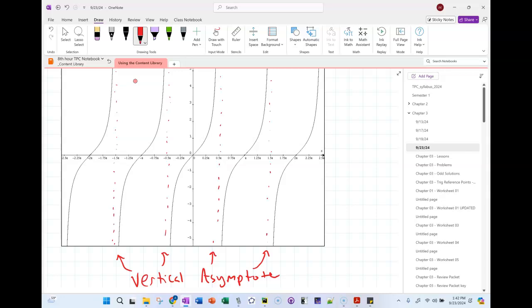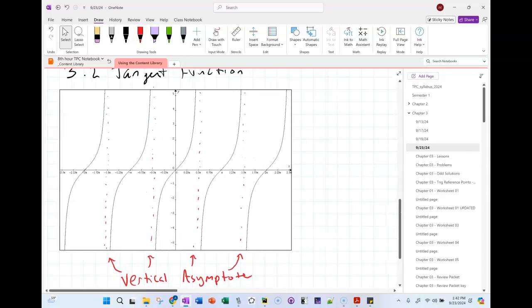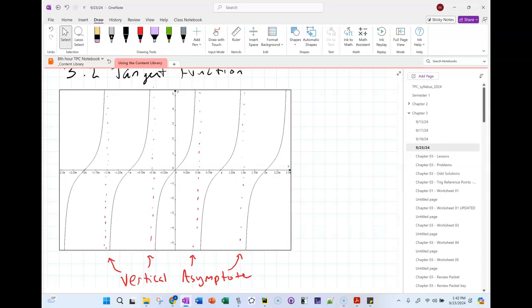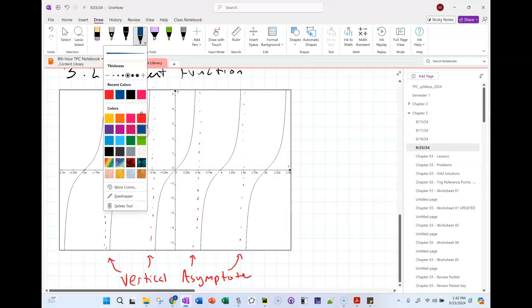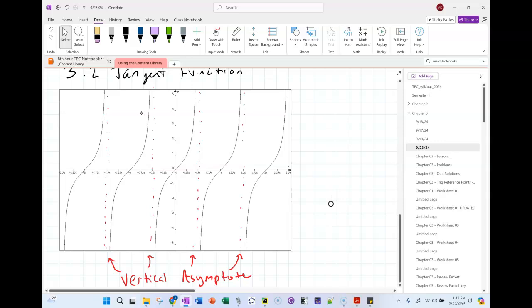So that's a new key feature that the graph of a tangent has that sine or cosine doesn't. Now let's look at some of the key features that sine and cosine do have. One of those is a midline, right? Do we see a midline that divides these cycles into 2 chunks where you have an equal amount of graph above and below? Where does that midline appear to be?